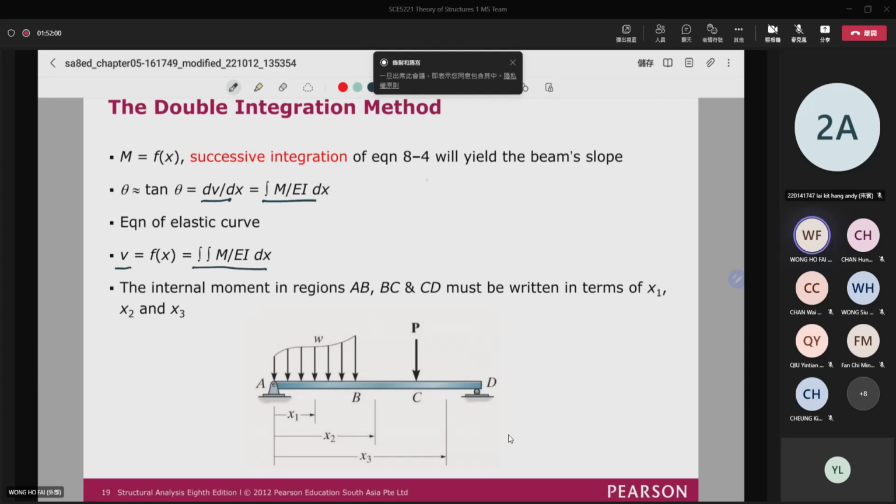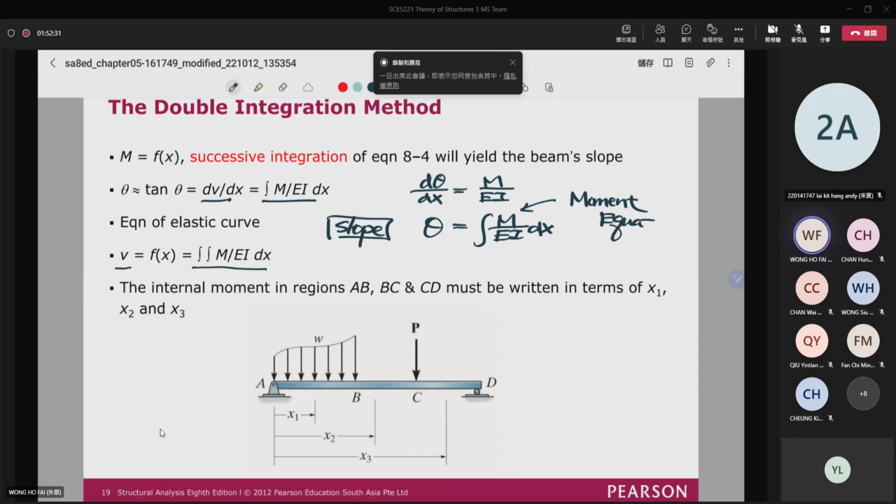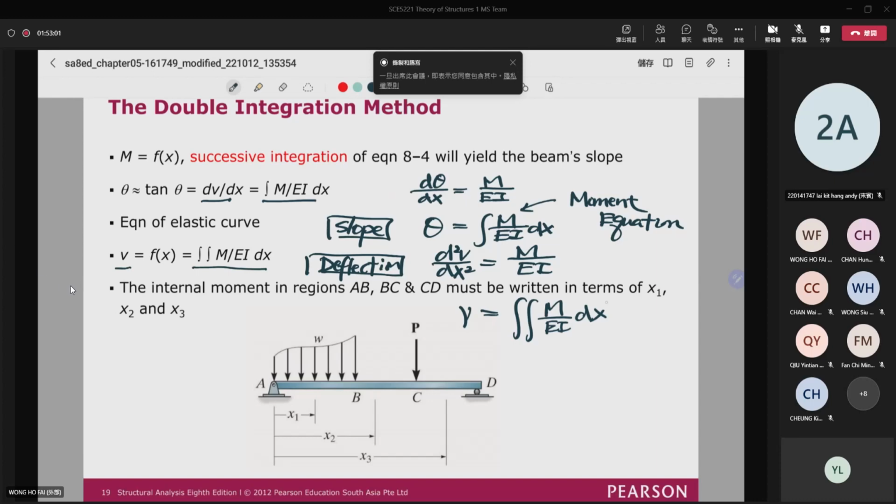Because we have d theta/dx equal to M over EI, you can get the slope by integrating the moment equation one time. For the deflection, you have d squared v over dx squared equal to M over EI, so if you want to get the deflection, you need to integrate it two times. Then you can find the answer.